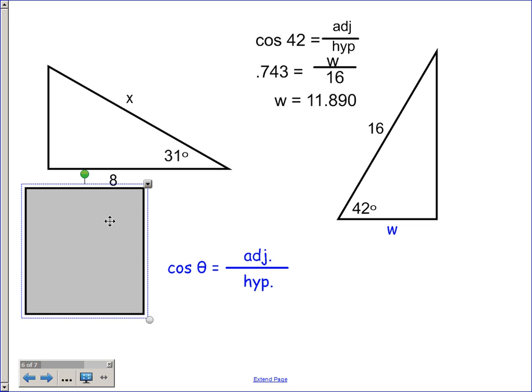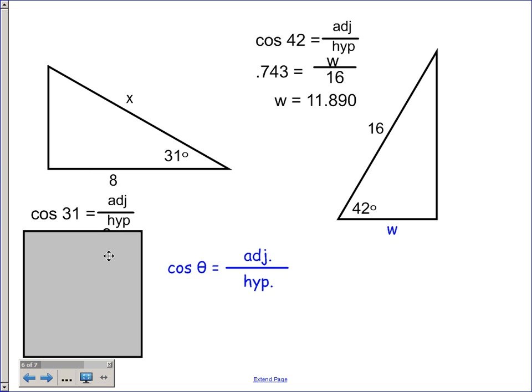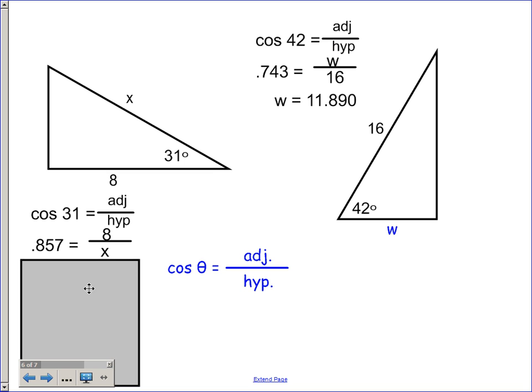On this last example here, the cosine would again be what I'm trying to find, because I have adjacent as known and the hypotenuse is unknown. Cosine of 31 is adjacent over hypotenuse. Relabeling those, that then gets me 0.857 is equal to 8 over x. Remember, my calculator must always be in degrees mode when I'm calculating here.